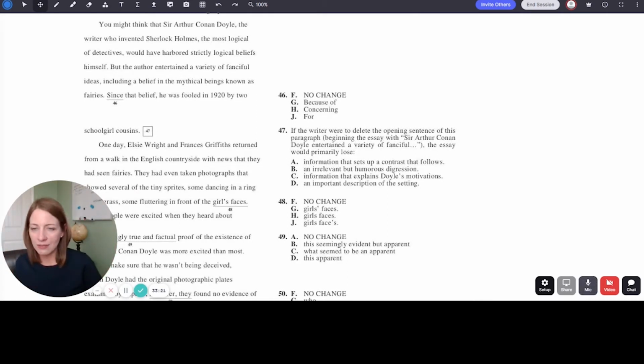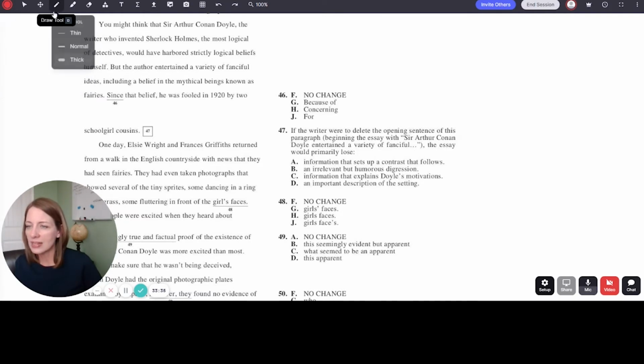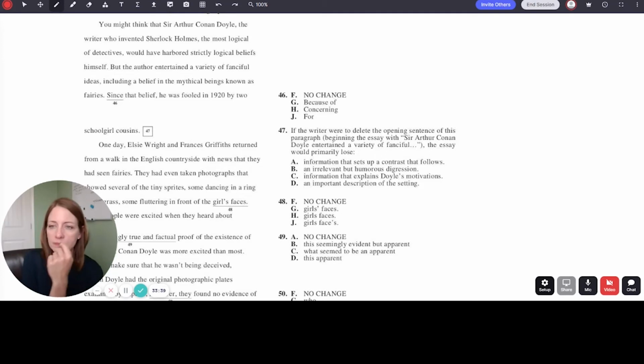Since that belief, he was fooled in 1920 by two schoolgirl cousins. I feel like I need to be a little more concise and a little bit faster in my choices here. I would say because of that belief.